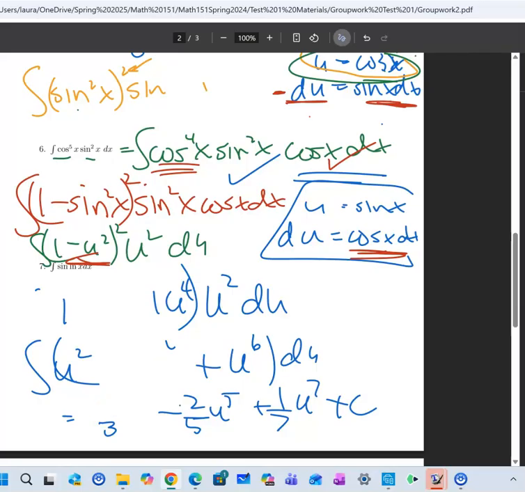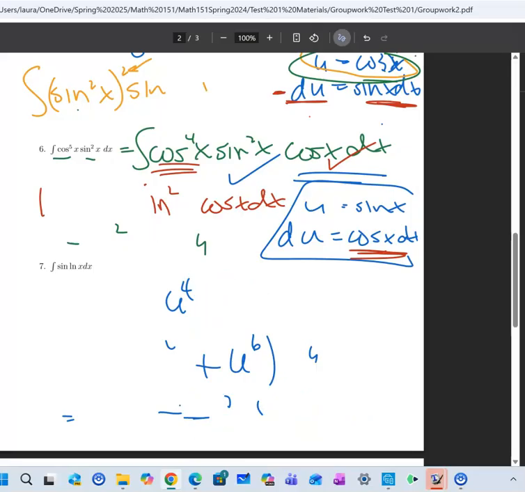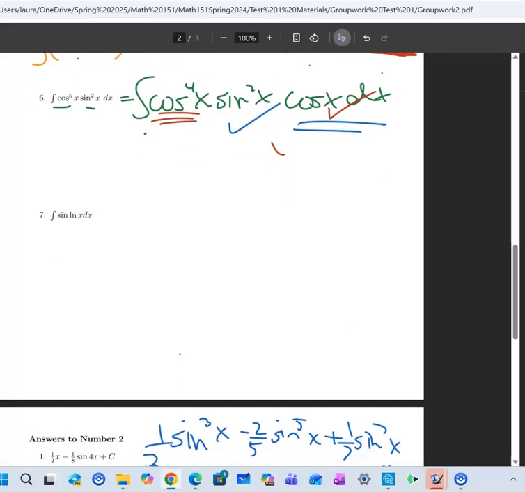Oh, one more. So here we have a problem with sine of ln of x. So this is a type where you're going to have to think about, there's only two functions here. So one of the functions is sine of ln of x. So if I'm thinking about what I know the derivative of, I know the derivative of sine of ln of x.